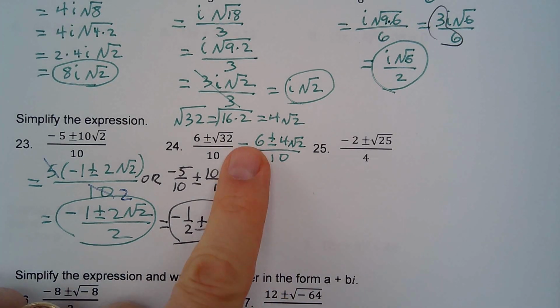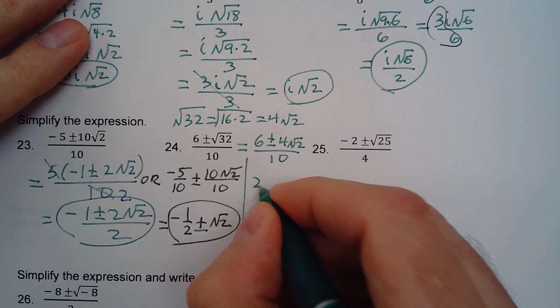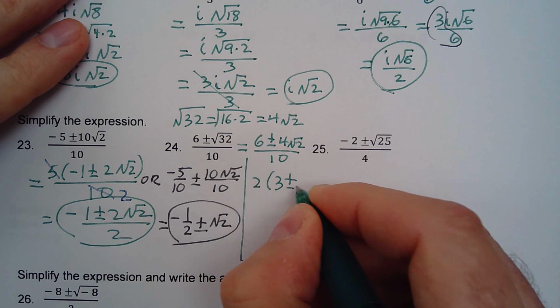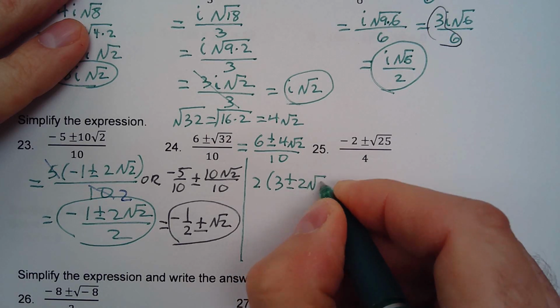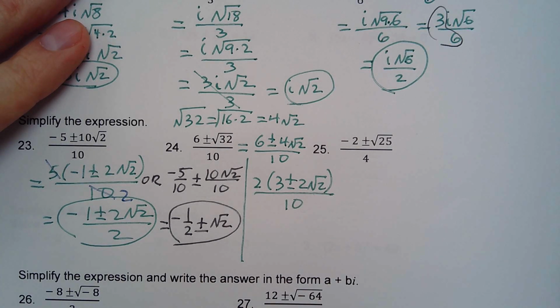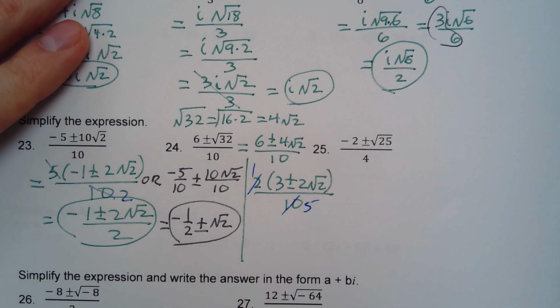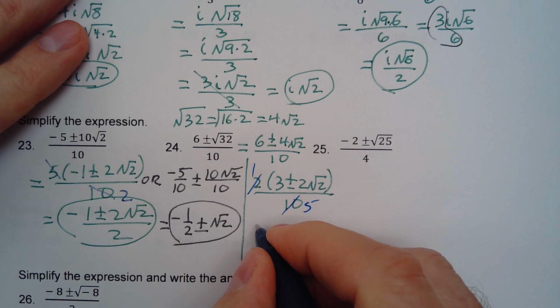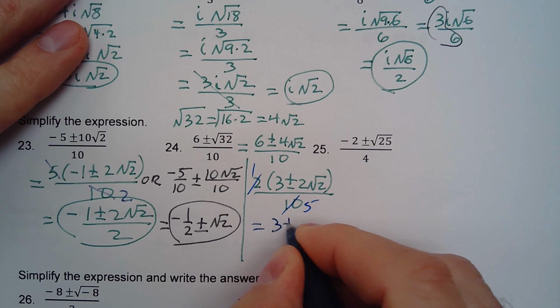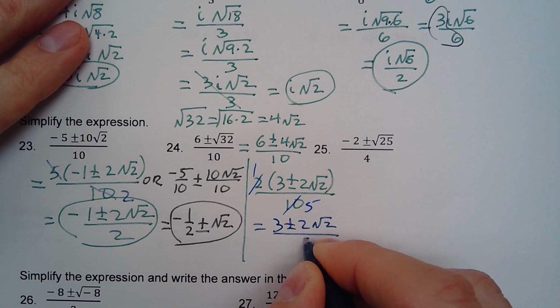So now I can factor out 2 out of that numerator. And then 10 over 2 I can reduce by 2. That will give me 3 plus or minus 2 square root of 2 over 5.